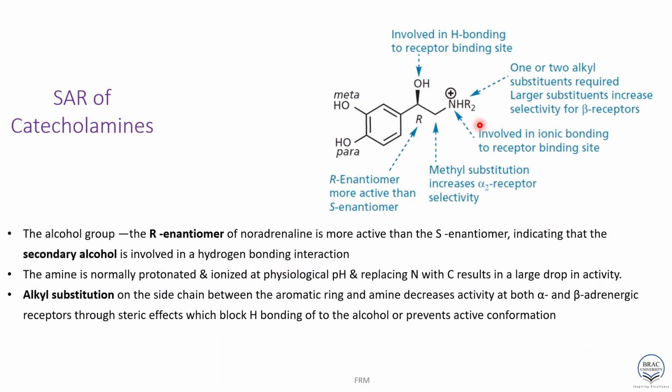So next, this nitrogen is involved in ionic binding to the receptor. And here in the side chain, if we substitute this carbon with a methyl group, this will increase selectivity towards alpha receptors, particularly alpha 2 receptors.